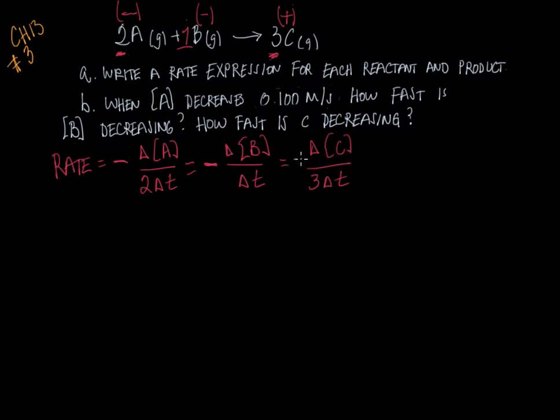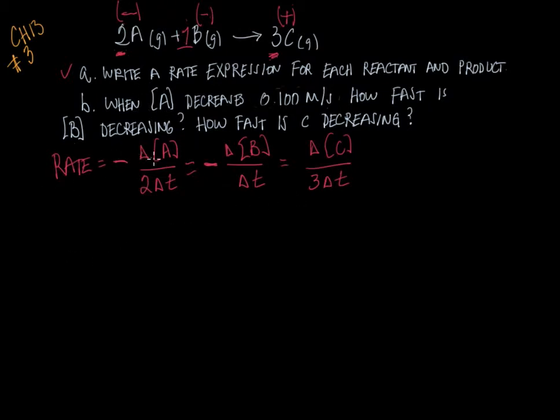Okay, there's no minus sign here because this is a product. Okay, so this is the answer for part A, change in concentration over change in time. Pay attention to the minus signs for reactants and the positive for the products. Use the coefficients in each case in the denominator of the expression.